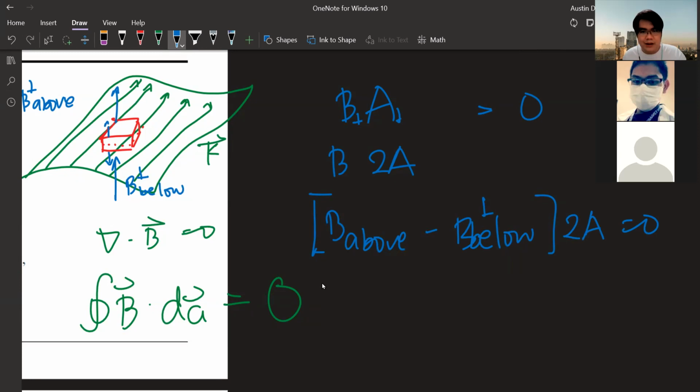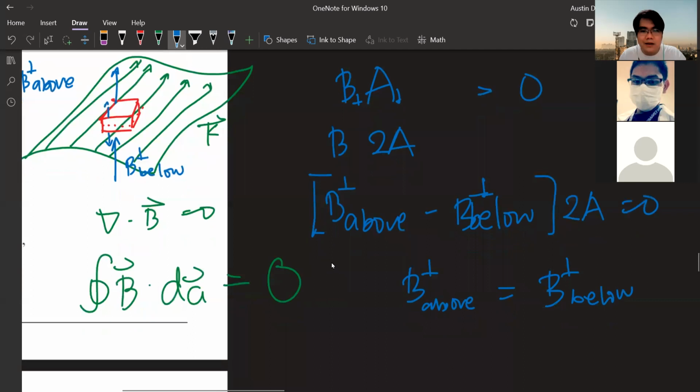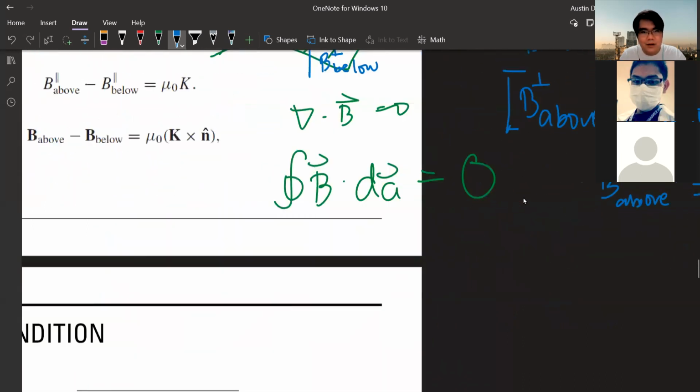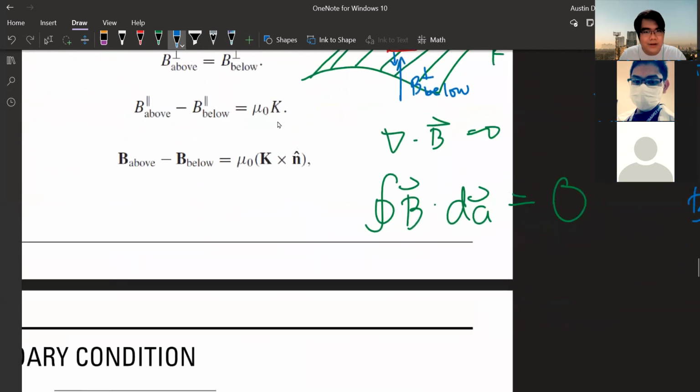Then this tells me that B above is always equal to B that is perpendicular below. Okay? Pan-check tong mga bagay nito. Okay, then how do we do this?